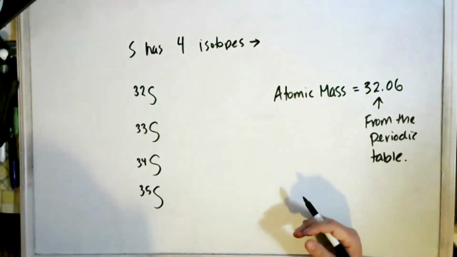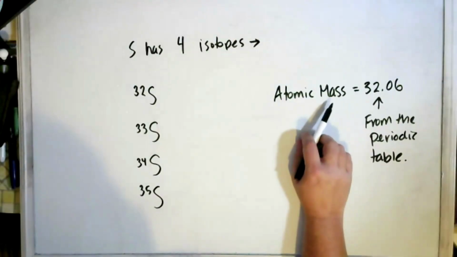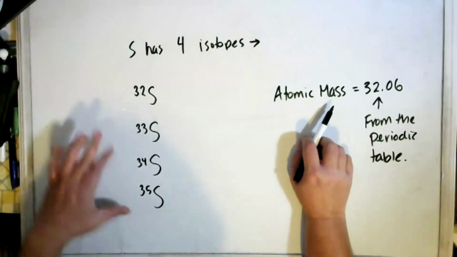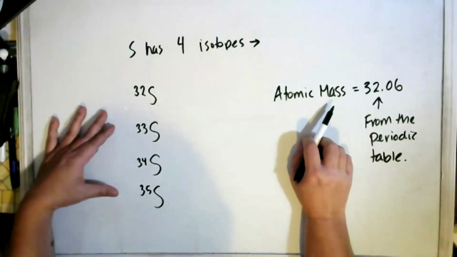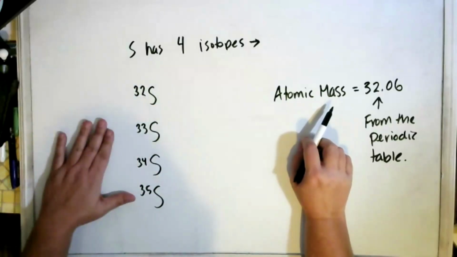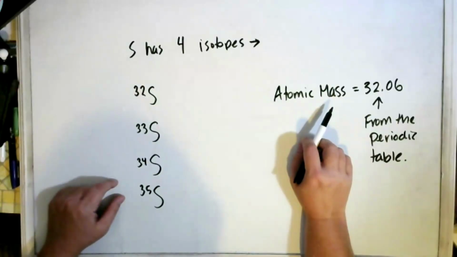What this question is asking you to understand is that the atomic mass that shows up on the periodic table is an average mass value of all of these isotope masses multiplied by their isotope abundance, how abundant they are in nature.